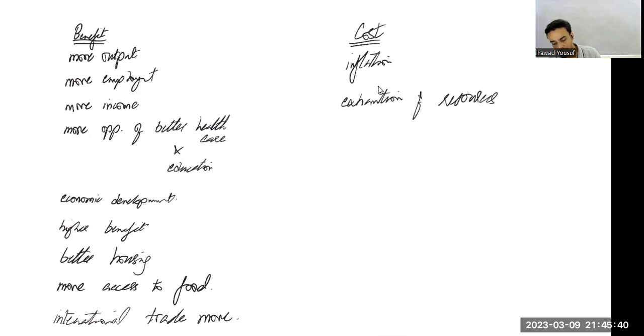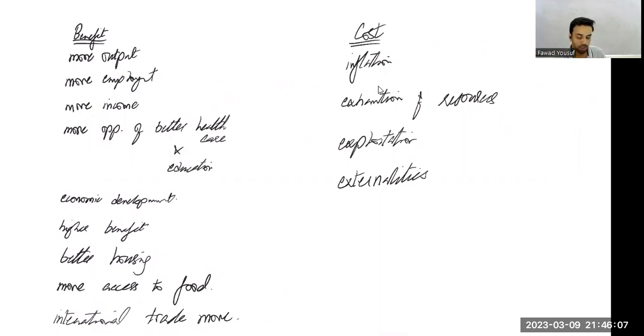The costs are exploitation of both workers and the natural resources. Externalities are a real problem, the negative externalities in terms of pollution and all of that, right? So on one side you have these costs.